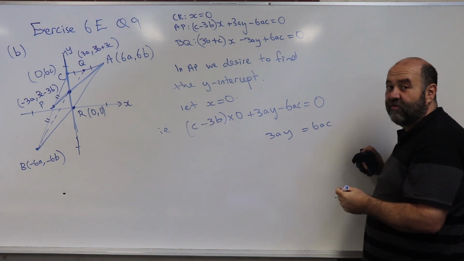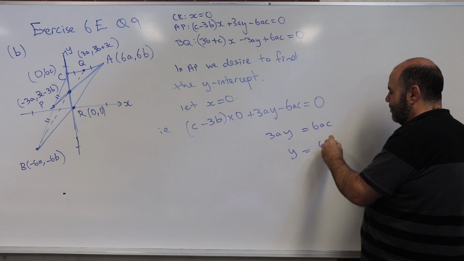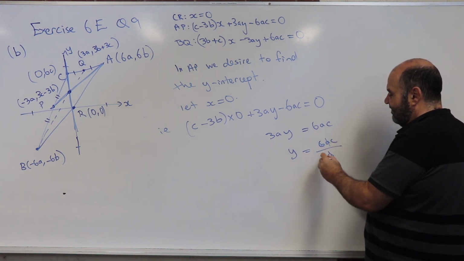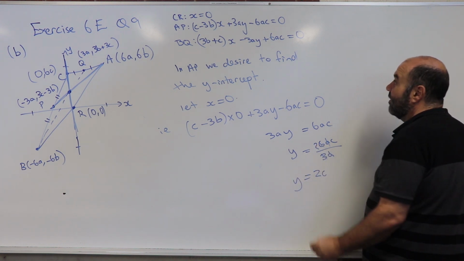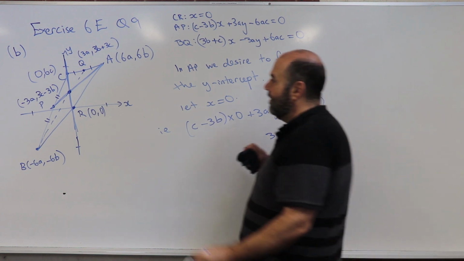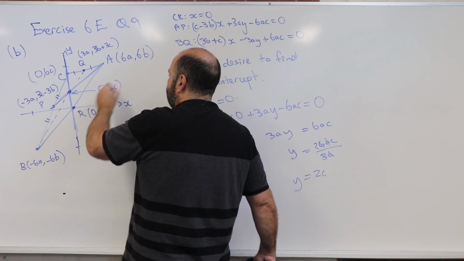Then I'm going to divide by 3a. Well, that's pretty simple. The a's cancel. 6 divided by 3 is 2, so it's just 2c. So the point here is 0, 2c.